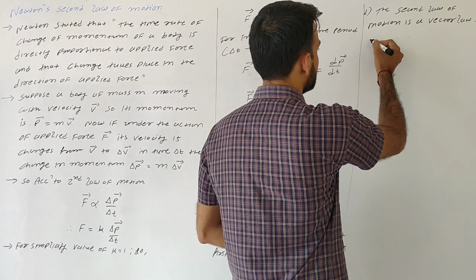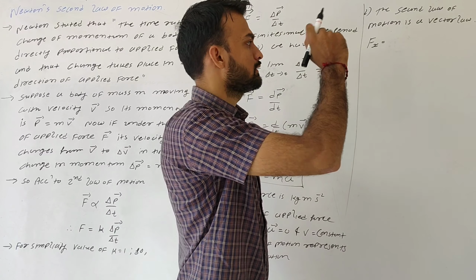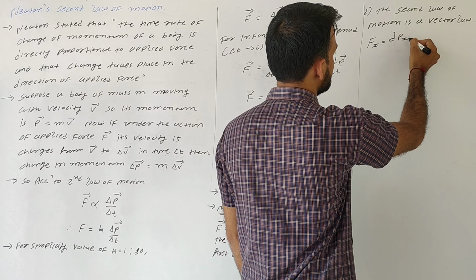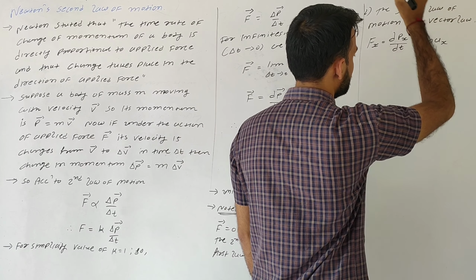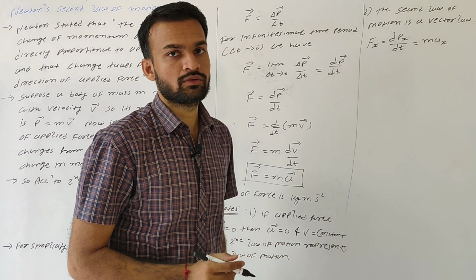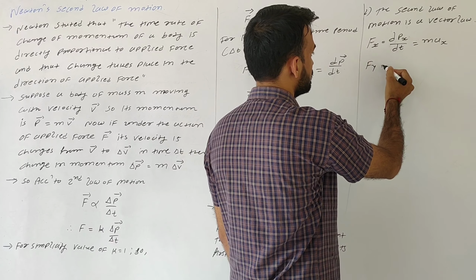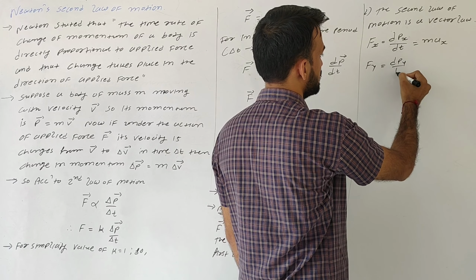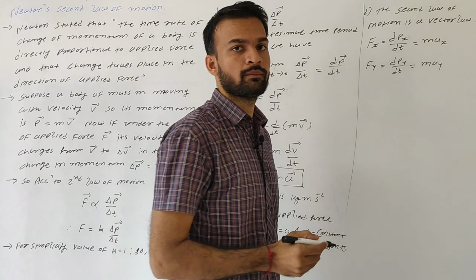So here I can say the x component of force, let it be Fx. So Fx is equal to dpx by dt, and that is equal to max. Now for the y component, the y component of force is equal to dpy by dt, and that is equal to may.